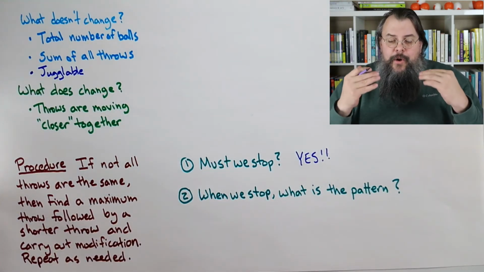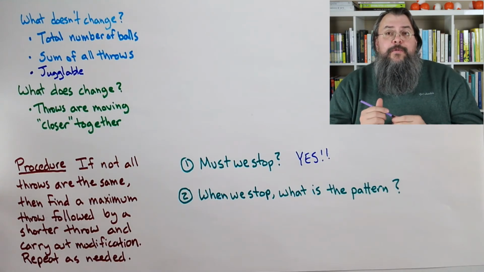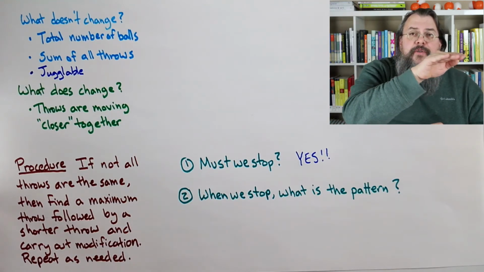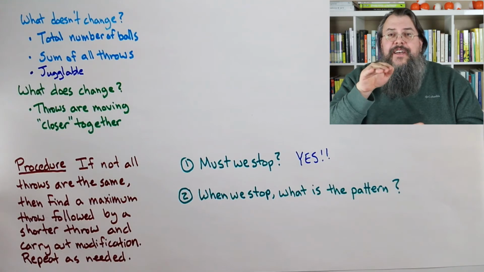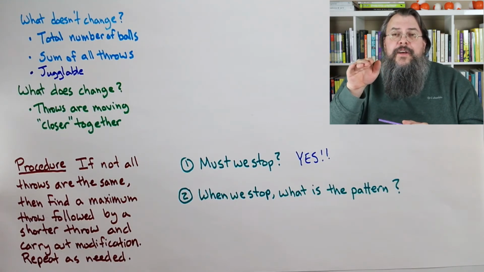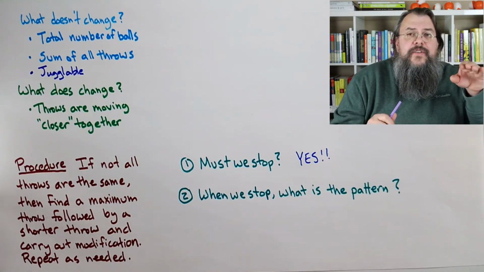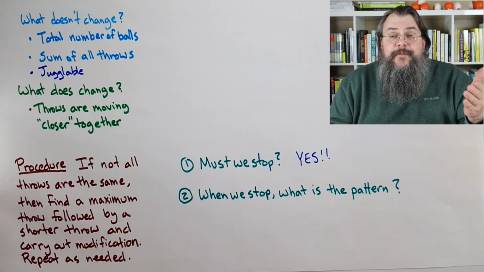Now, when we stop, what's the pattern? Well, the only way we can stop is if all the ball throws are at the maximum height. Okay, so what is that? Well, if all the throws are the maximum height, that means all the throws are the same height.